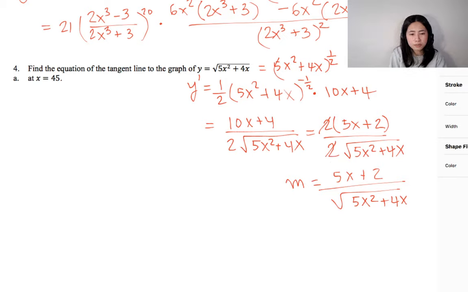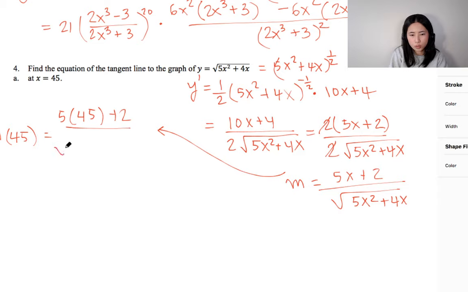So we're going to say that this is m of 45, and this is equal to (5 times 45 plus 2) over the square root of 5 times 45 squared plus 4 times 45.